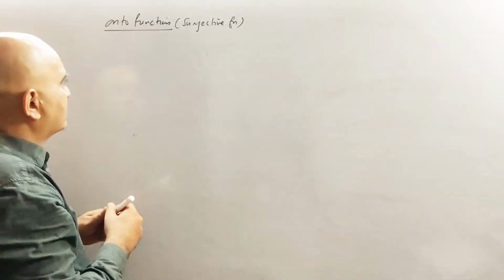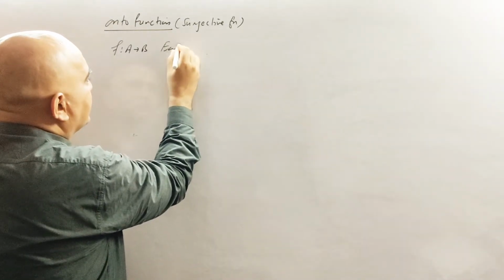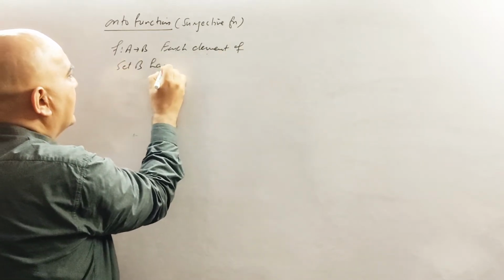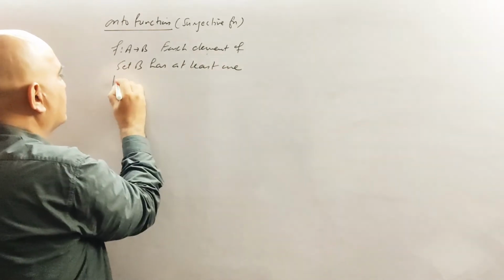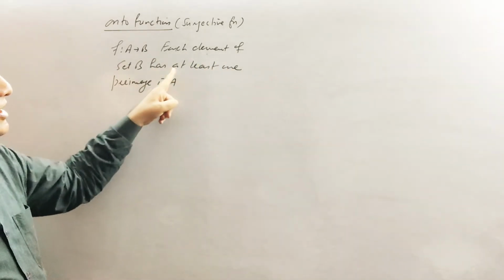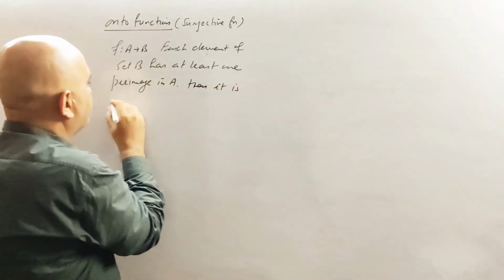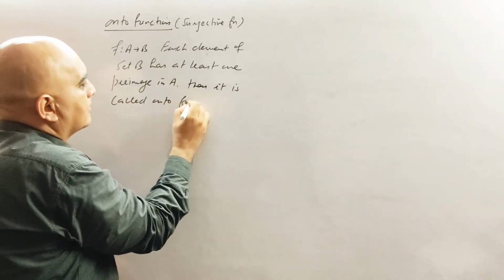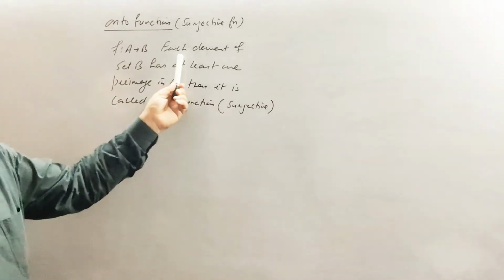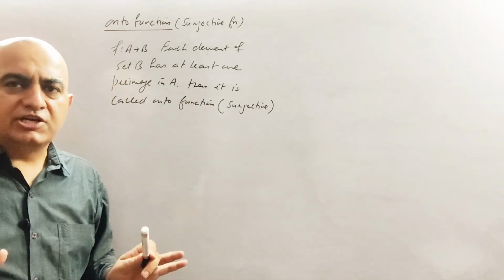An onto function is nothing but, if we define a function f from A to B, and each element of set B has at least one pre-image in A, then that function is called an onto function, and it is also called a surjective function.